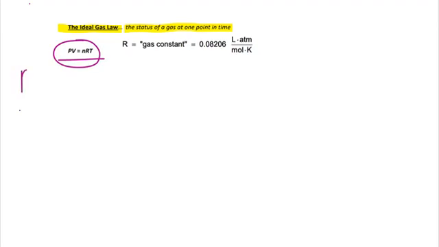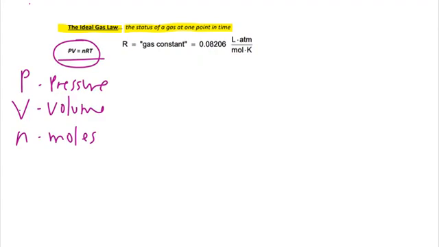So P stands for pressure, V stands for volume, n stands for moles, and T should look familiar, that's temperature. And then we have this new letter R, called our gas constant.